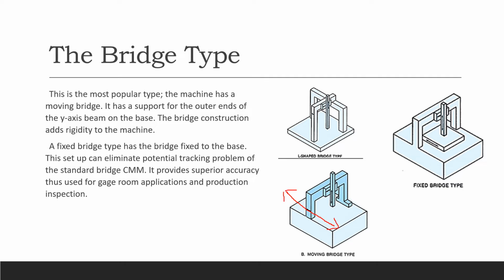Here, so that's again Z, your Y, and then your X. Sometimes, if you twist it like this, you can also use this as an X, but anyhow, this is your Y. And this is your L-shaped bridge type. A bit different, but again, you can move in all three axes.